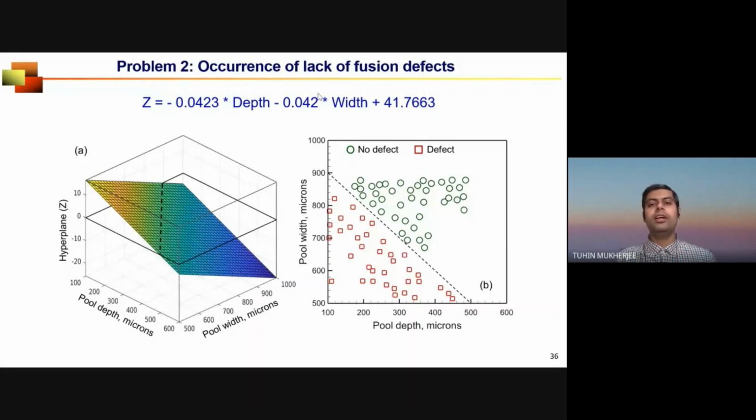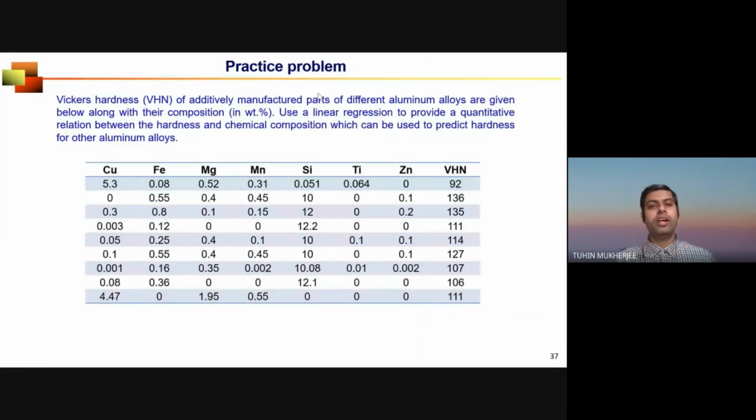Now I turn the table to you. I am giving you a practice problem. As you know, hardness is a very important mechanical property. We often measure hardness on the Vickers scale, VHN. For additive manufacturing parts made from different aluminum alloys, Vickers hardness changes significantly based on the composition.